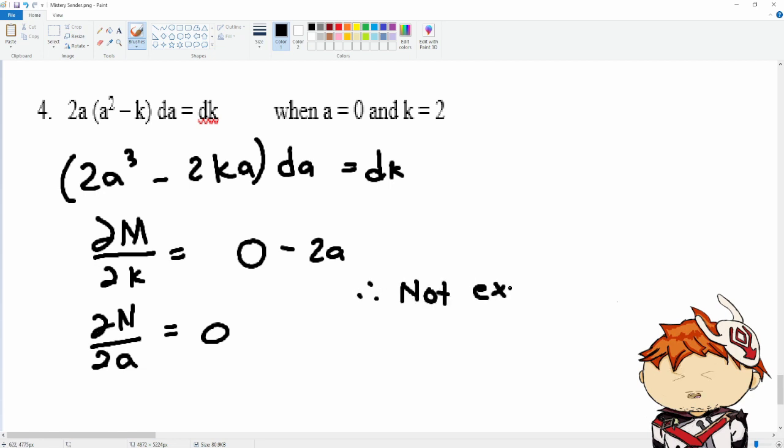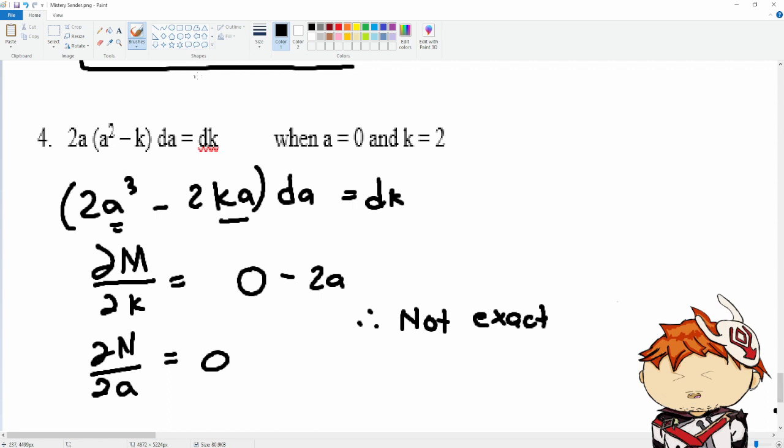It's not homogeneous because this is a cubed and this is squared and this is basically 0 variable. It's not separable because they're both polynomial. So what's left is linear.